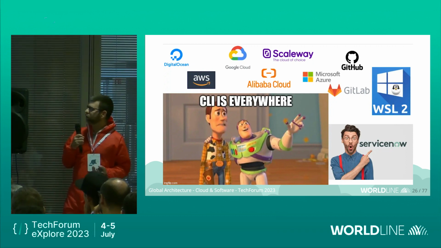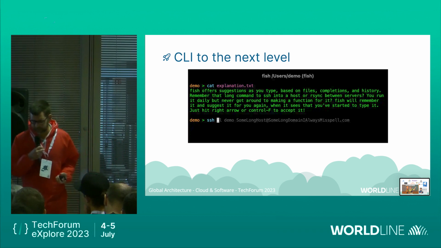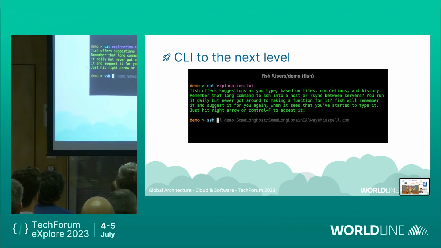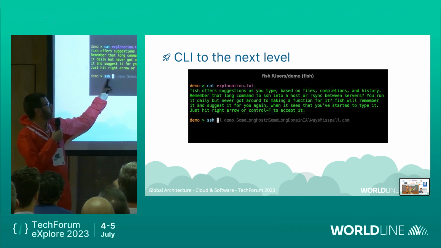So how can command line increase productivity? I take two examples. The first one is about auto-suggestion. Basically, if you take a new shell, we'll see that in the last part of the presentation, the shell provides you the example of the last command you used with this first letter.